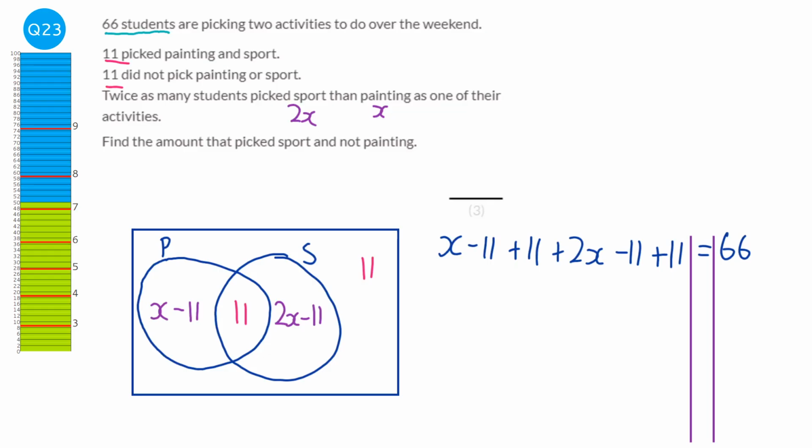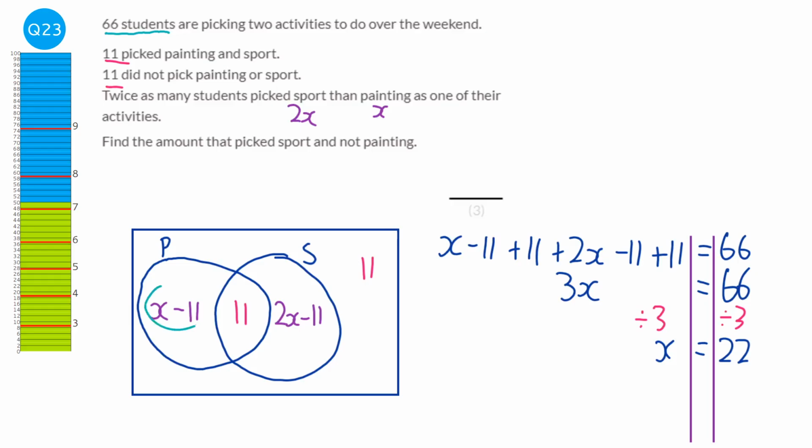And we've got minus 11 plus 11, minus 11 plus 11. Well, those just cancel out. So we're left with just the 3X equals 66. We're going to divide that by 3 both sides. So we've got X equals 22.